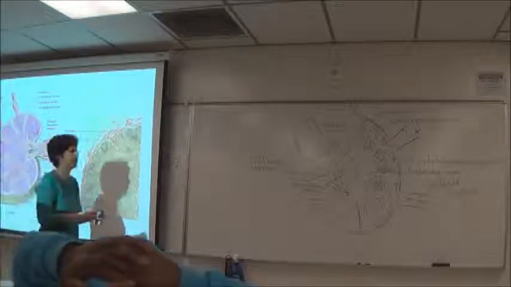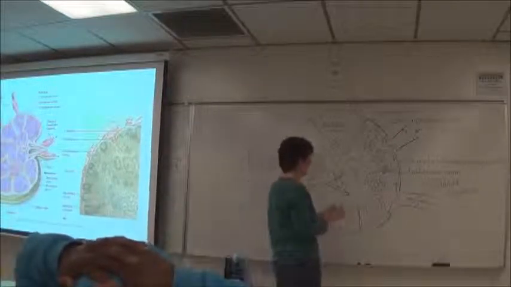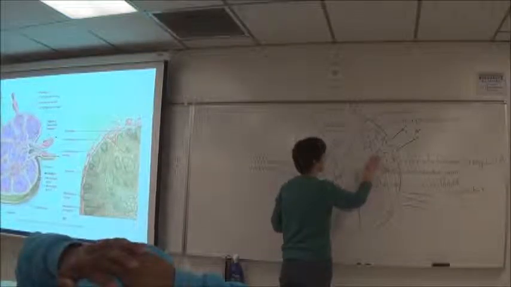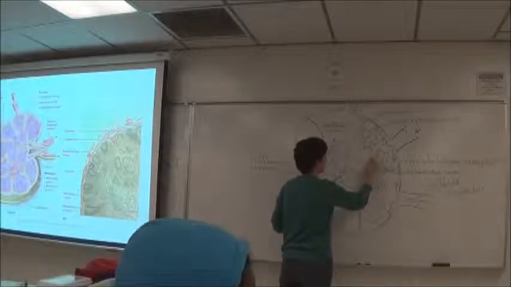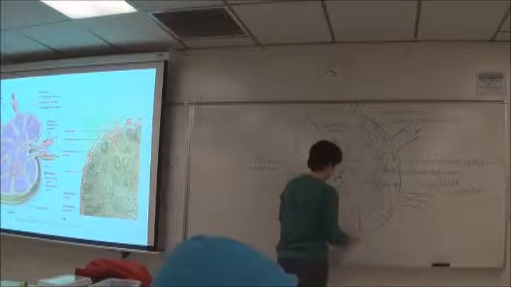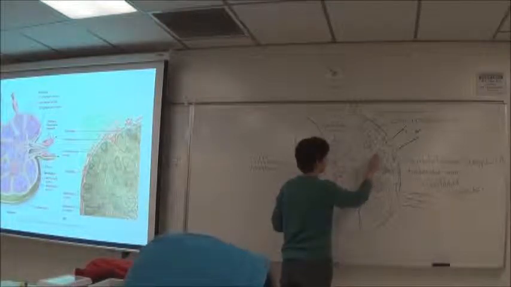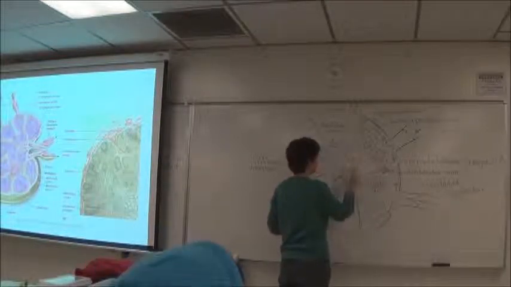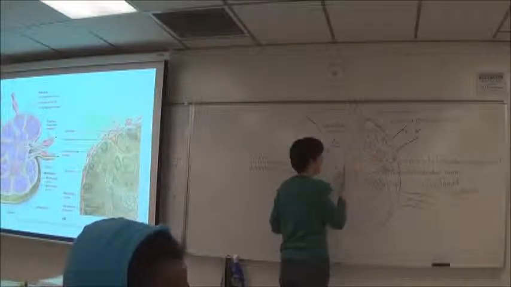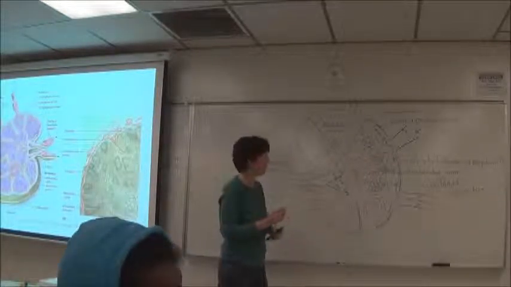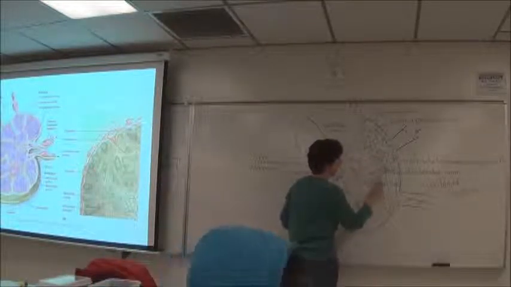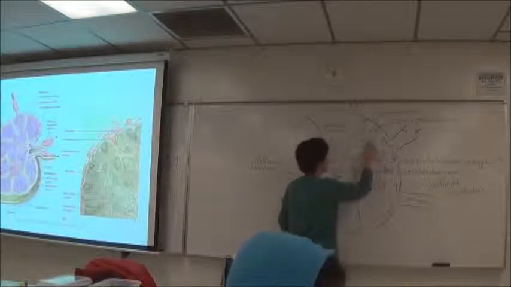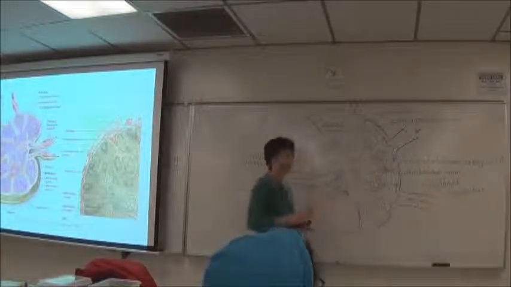So we find predominantly T cells in the periphery. I'll put that a different color so you can see it. So T cells in the periphery, T cells in the cords, B cells in the center of the lymphatic follicles.